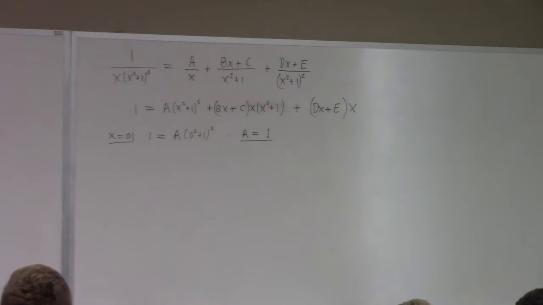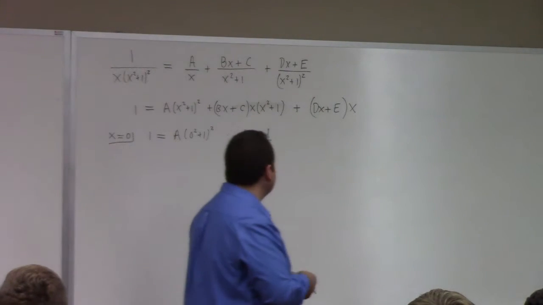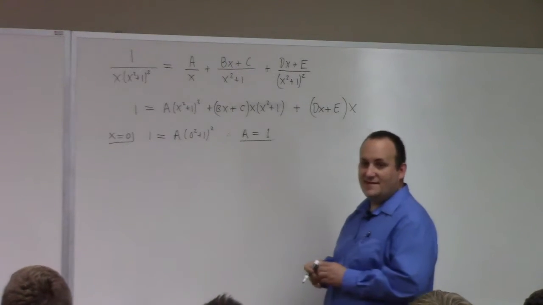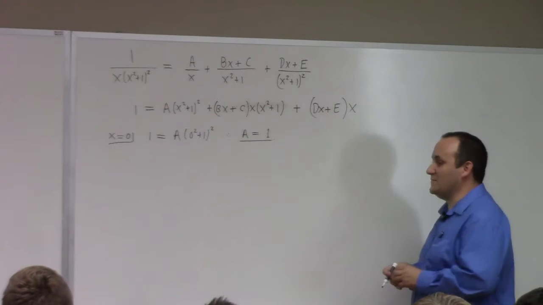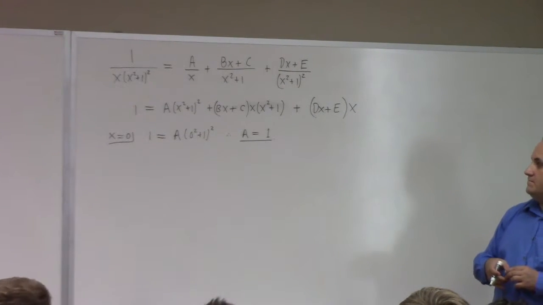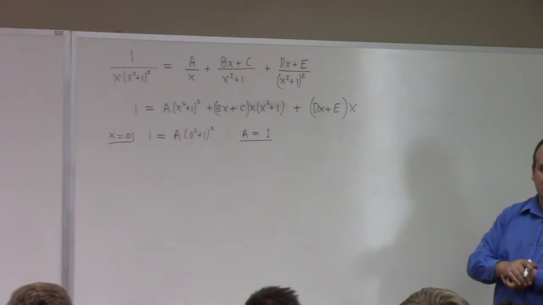Now we've got to figure out the other 4 things. How do you do that? You could just pick numbers, but that will end up giving you messy equations that you have to solve.